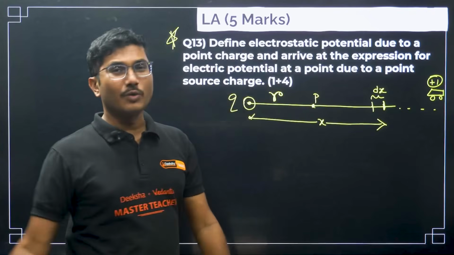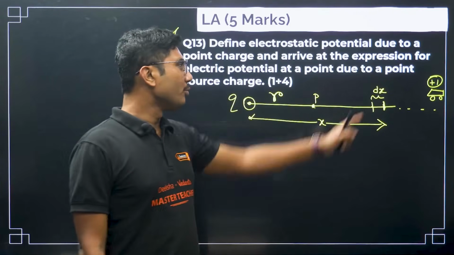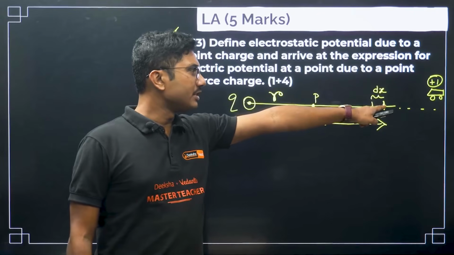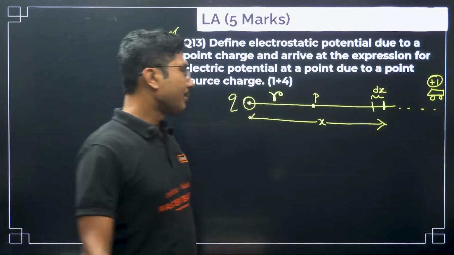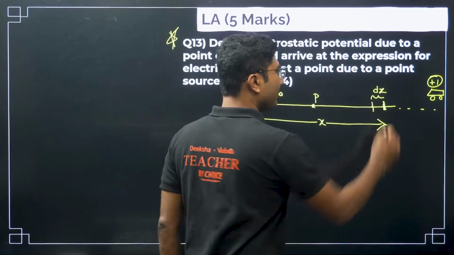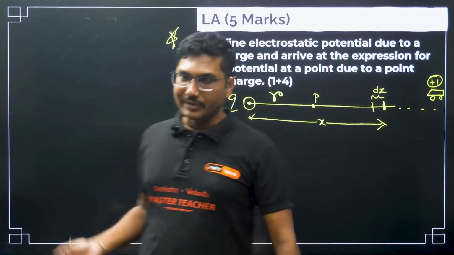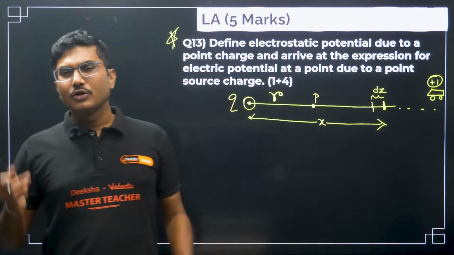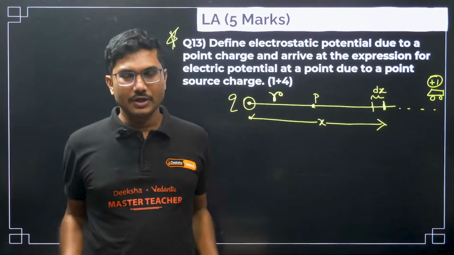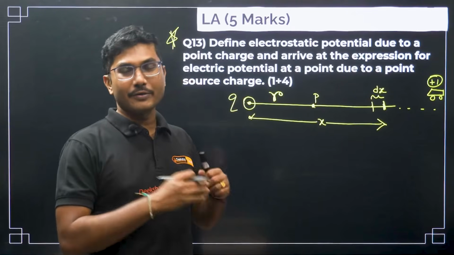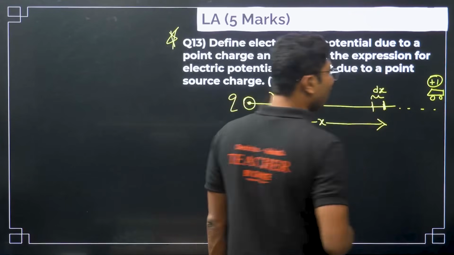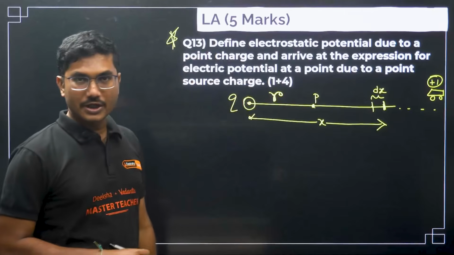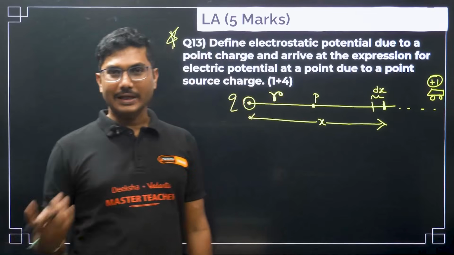Now how much work do we have to do to bring the charge from this point to this point? This is our intermediate point. Because infinity is very far away, beyond our reach, we took some intermediate point. At this point, what is the force acting on this charge?